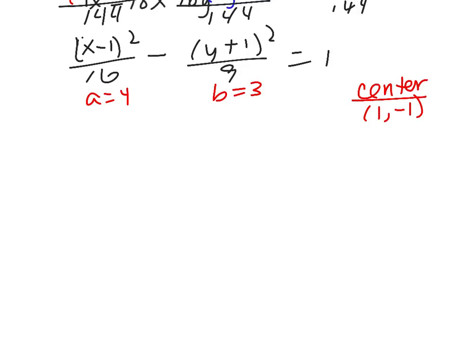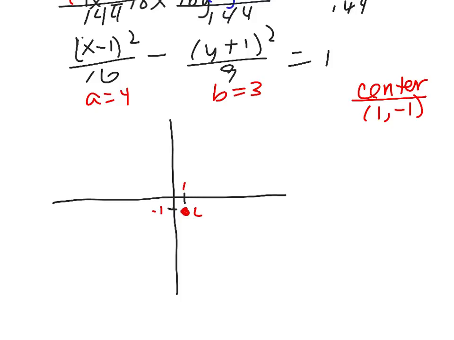Let's start drawing a picture here. So I have 1, negative 1, and that is the center. Now I need my vertices. That's going to come from my a. Remember, with the hyperbola, there's only 2 vertices, not 4. This only helps me with my box.